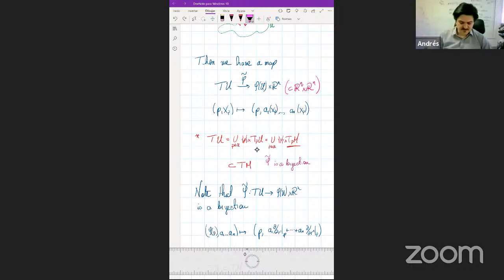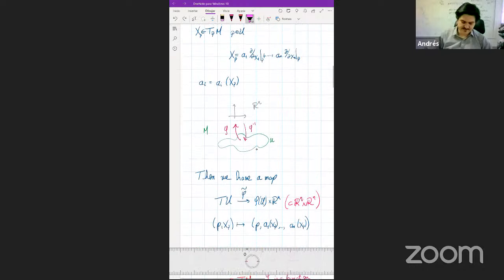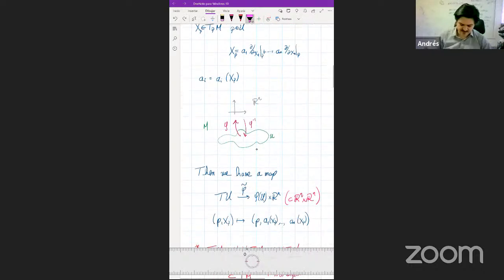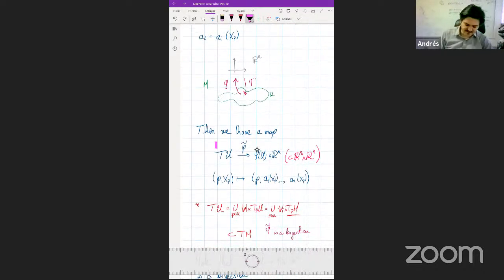So remember, we started with a chart on M. And from a chart on M, we constructed this map. So we're going to say that the open sets in TM are going to be precisely these sets and the image of any open set here under the inverse function.